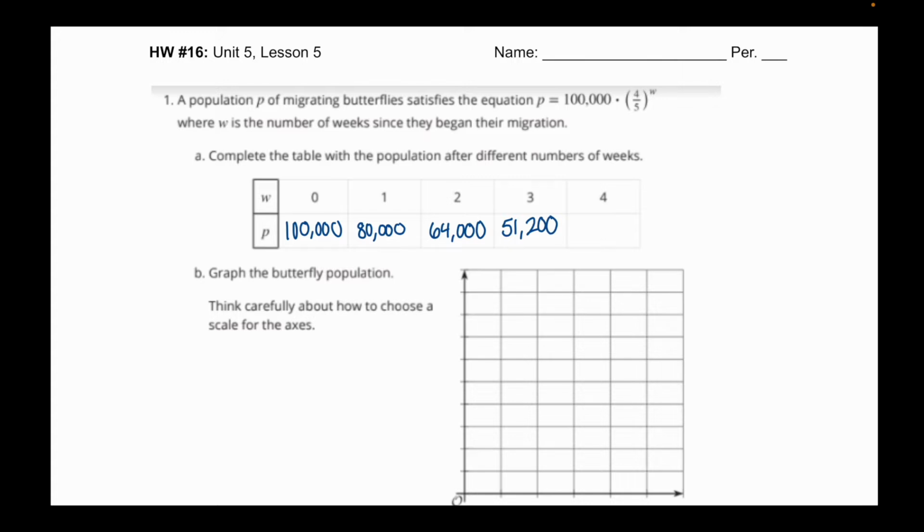And then, if we put in the power of 4, we are going to get 40,960.